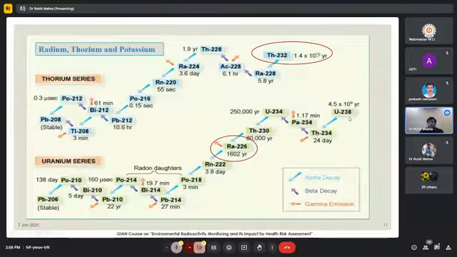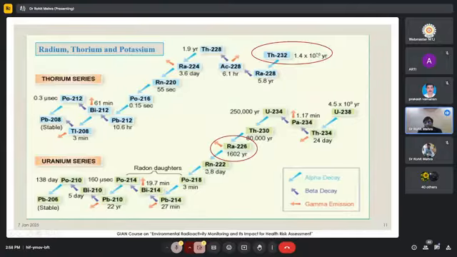Now in the uranium series, from radium 226, uranium has a half-life of around 4,500 million years, so that is the age of Earth, 4.5 into 10 raised to power 9 years. From this radium, alpha decay occurs to form radon.